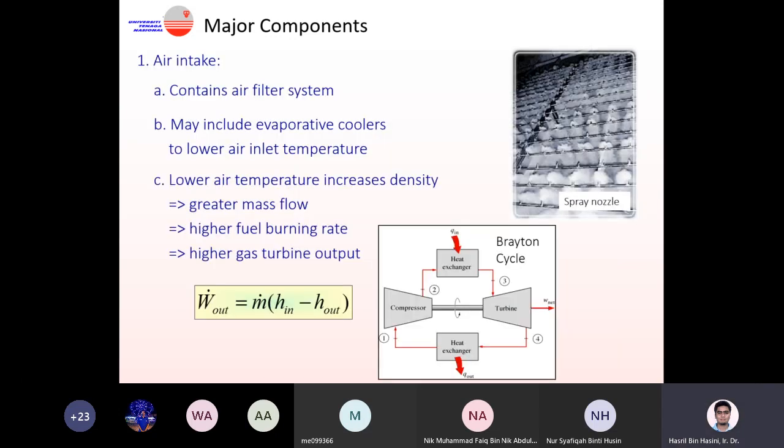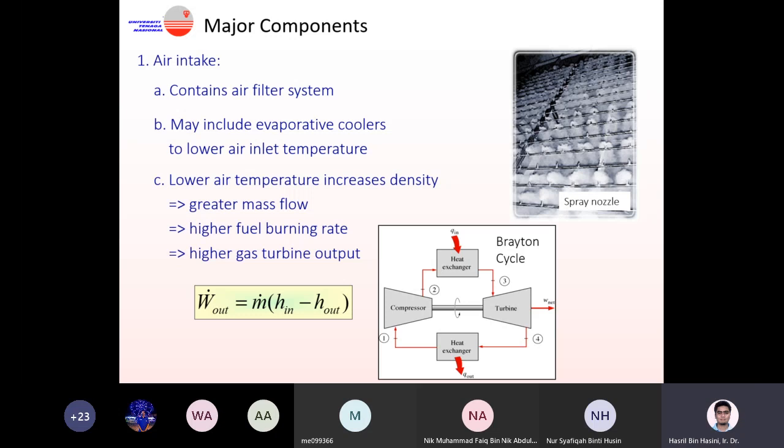Now we look at each of these components in detail, in terms of the characteristics and how it works. The air intake contains a large air filter system.